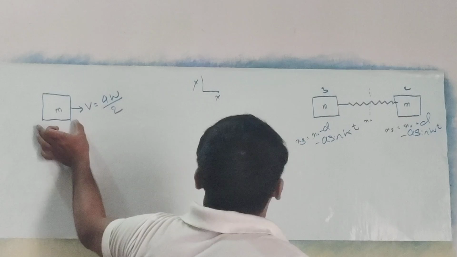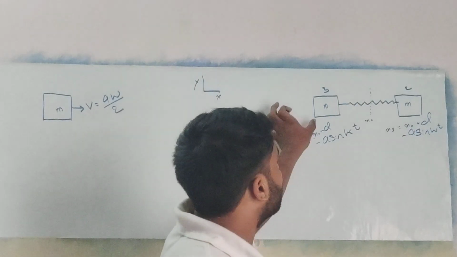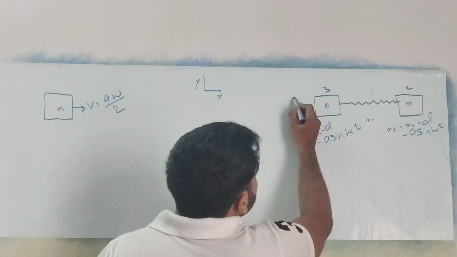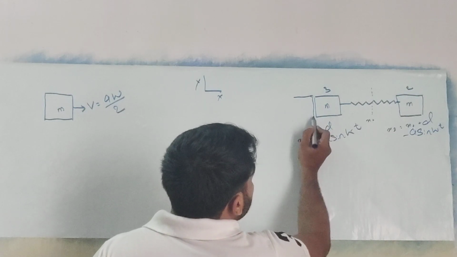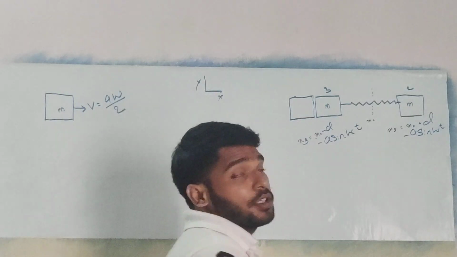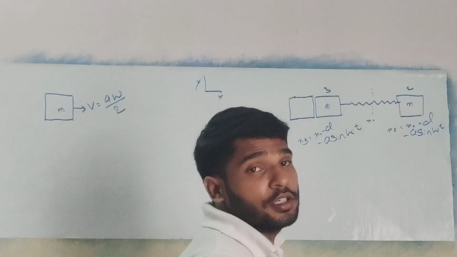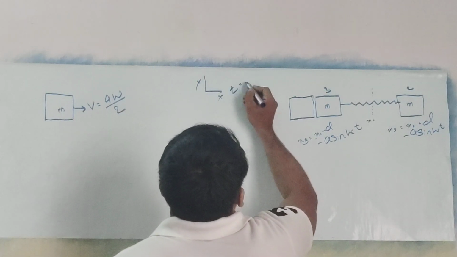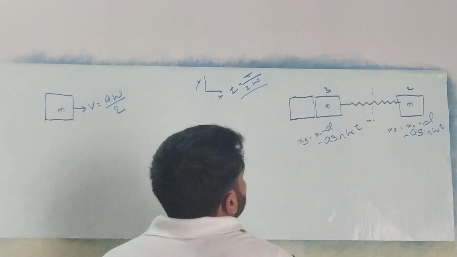What happened? This block is moving here, and after some time it collides with this block, and the question says that the collision is elastic. The time of collision is given by t equals pi by 2 omega.